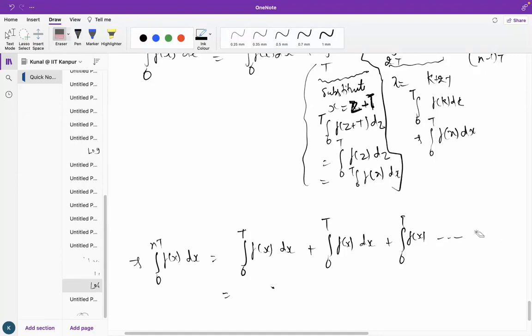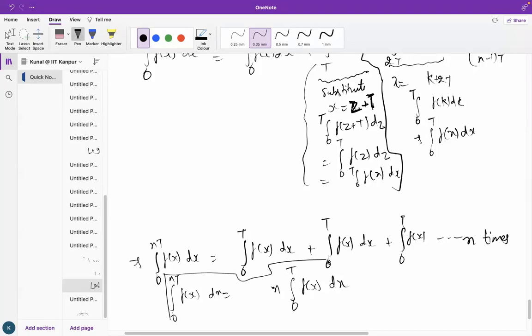So we get n times the integral from 0 to T of f(x) dx, which equals the integral from 0 to nT of f(x) dx. So this is our valid proof. I hope you all understand this. Let me tell you once again.